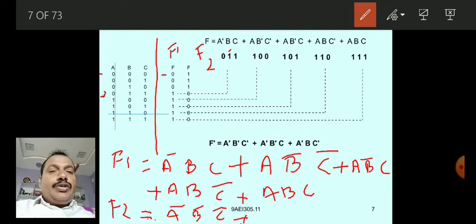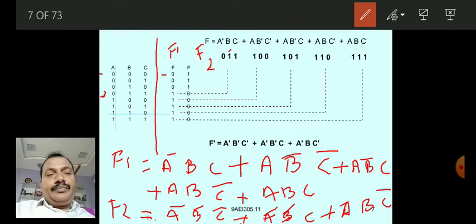So 001 means A bar, B bar, C, plus the next minterm for 010, that means A bar, B, C bar. So this is the F2 expression. So this is the F1 expression, this is the F2 expression.